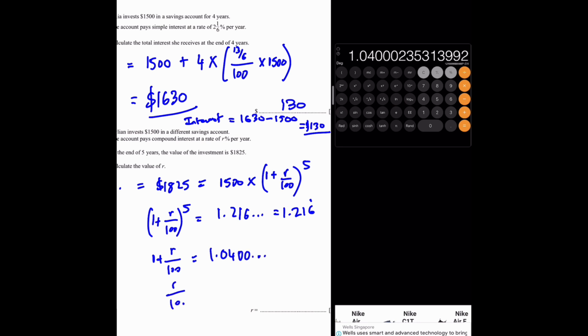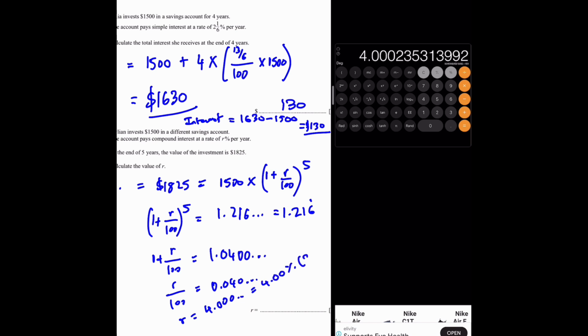R by 100 is going to be 0.04 followed by these digits, because you subtract 1, and when we multiply by 100, R will be 4.000, which is basically 4%, or 4.00% to 3 significant figures, and that'll be our answer.